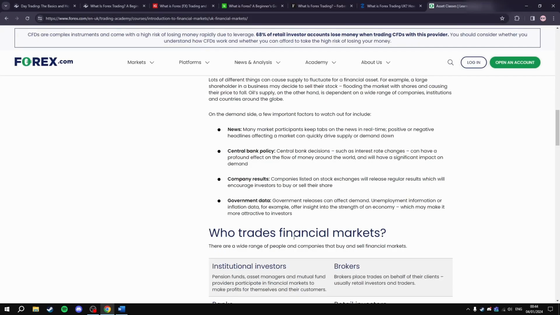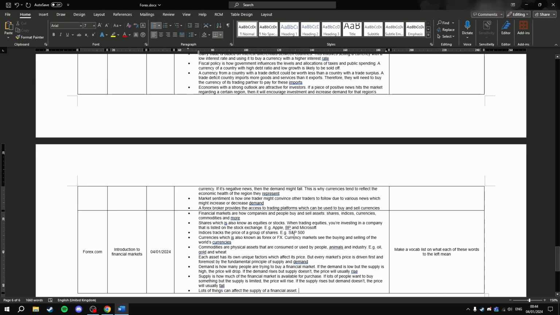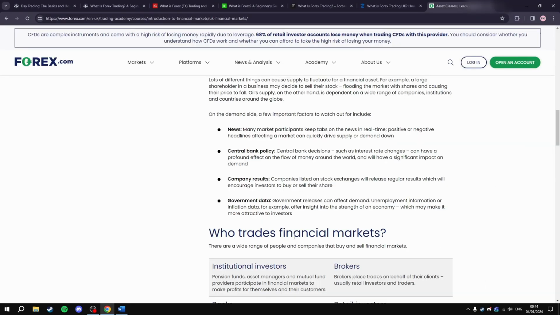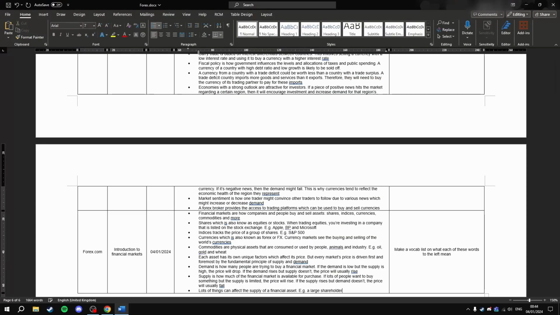For example, a large shareholder in a business may decide to sell all their shares, flooding the market and increasing the supply.